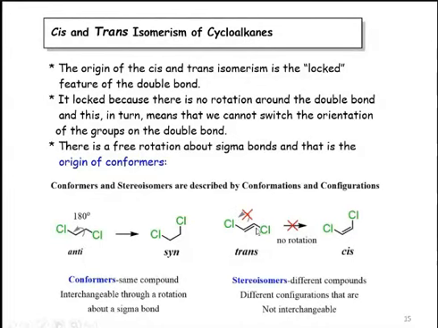So there will be no rotation to get a structure like this. So we can say stereoisomers are different compounds, in the sense of different configurations, which are not interchangeable. Conformers are interchangeable, whereas stereoisomers cannot undergo interchange.